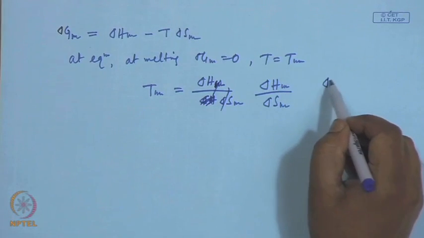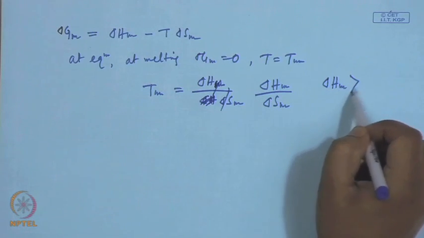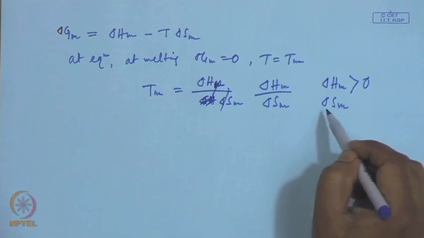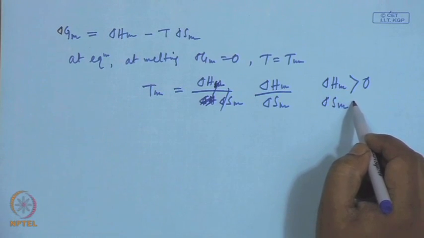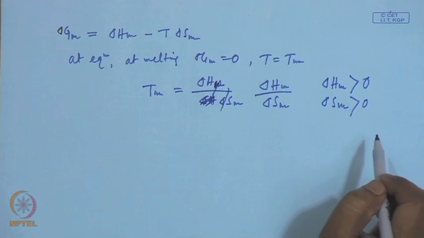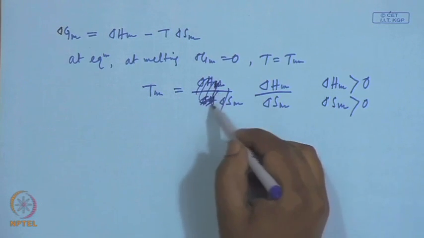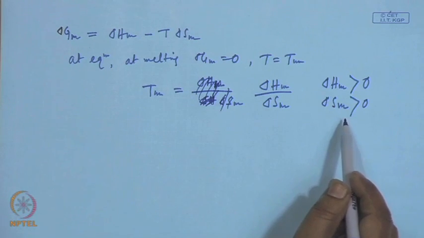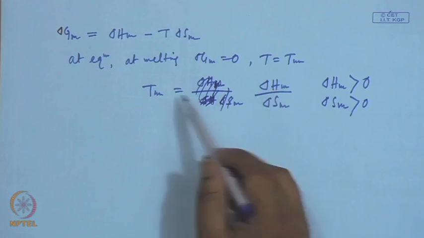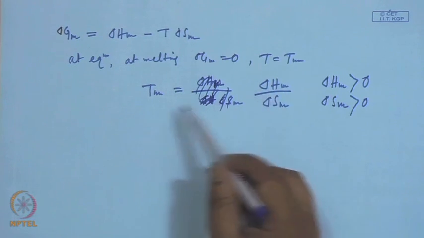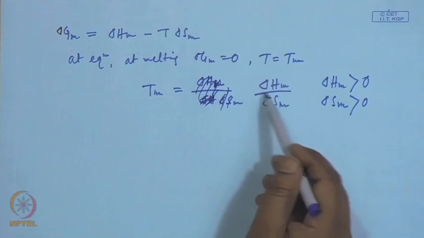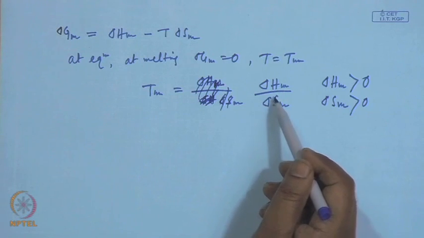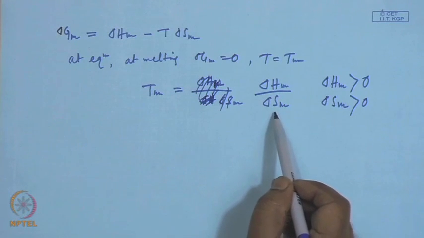Delta H m is melting, which is always an endothermic process. So, this is a positive value. Similarly, the entropy change in the melting process results in an increase in mobility of the polymer chains. So, the entropy goes up. So, from this expression, you can increase the value of T m either by increasing the value of delta H or by decreasing the delta S value.